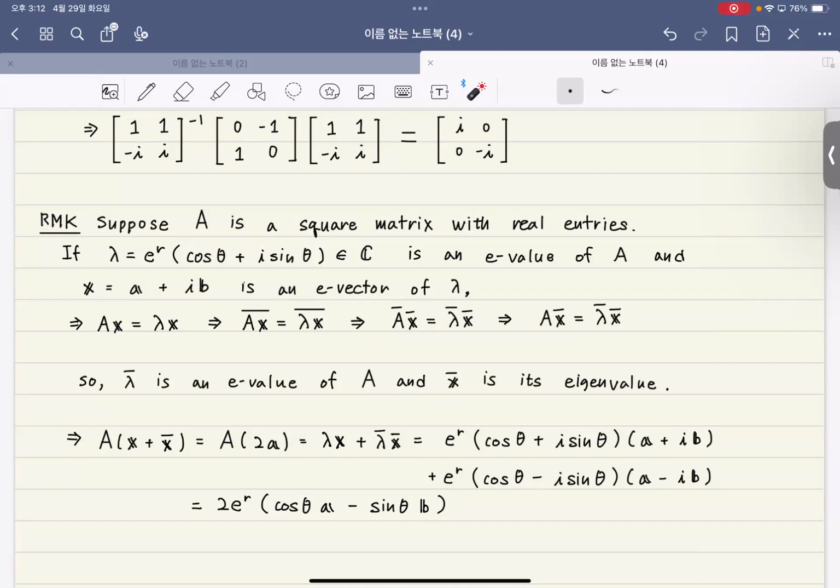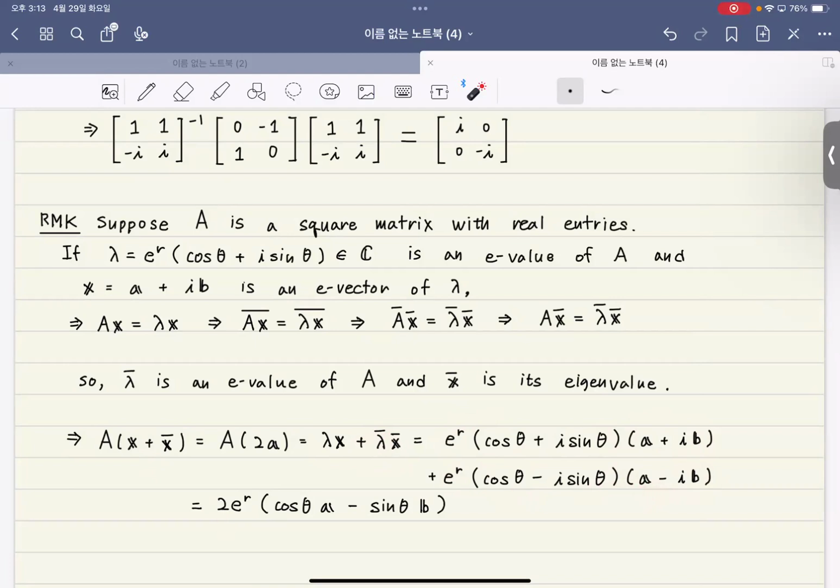And x plus x bar is what? Since x is a plus i b, and x bar is a minus i b, this one should be 2 times a. Then, because of this, it must also be lambda times x plus lambda bar times x bar. You just try to simplify this and combine the like terms.